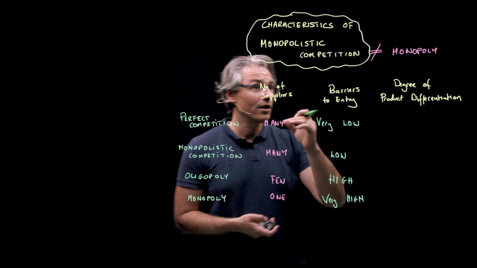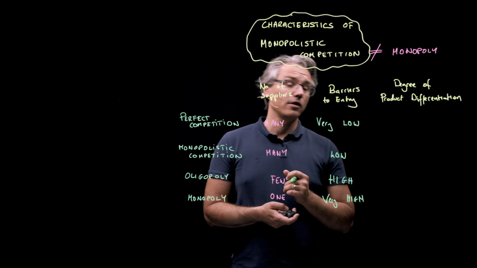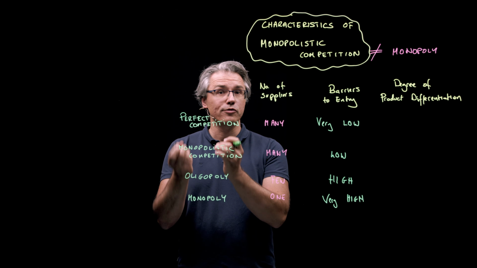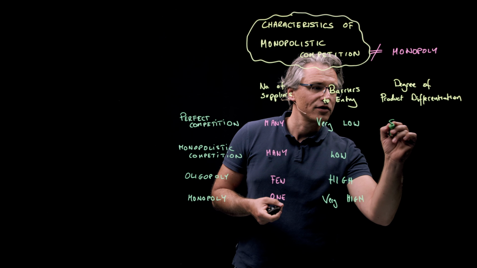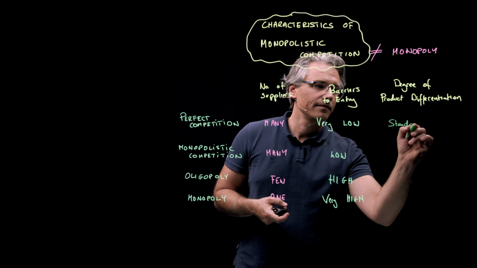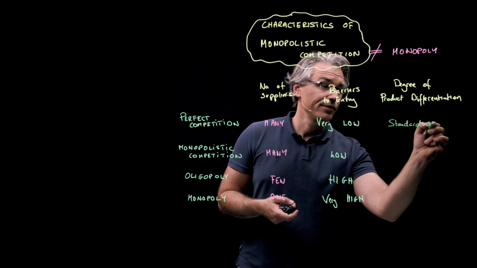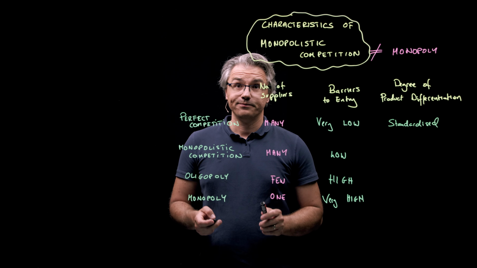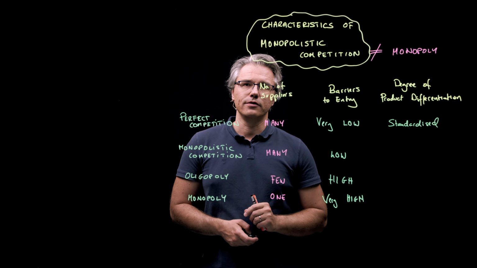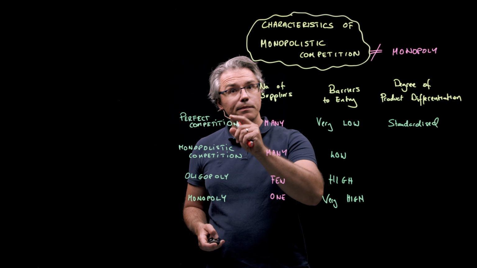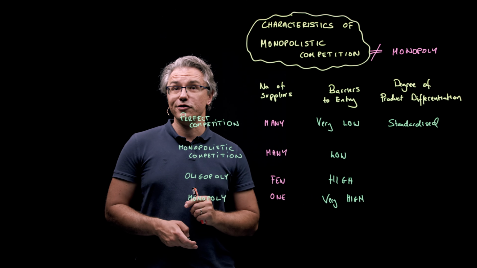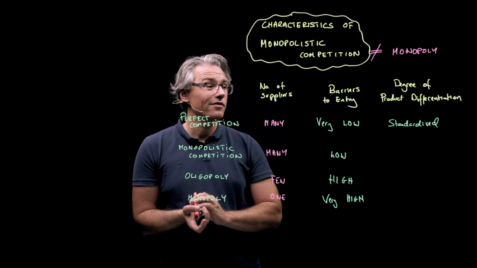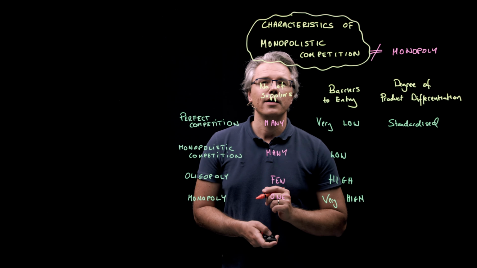However, let me just write over here that the degree of product differentiation, given the fact that we've got a standardized or homogeneous product, well, let me just say standardized. Although you could say highly standardized over here. Now, monopolistic competition is a less than perfect form of competition, with the product being offered leaving room for differentiation.